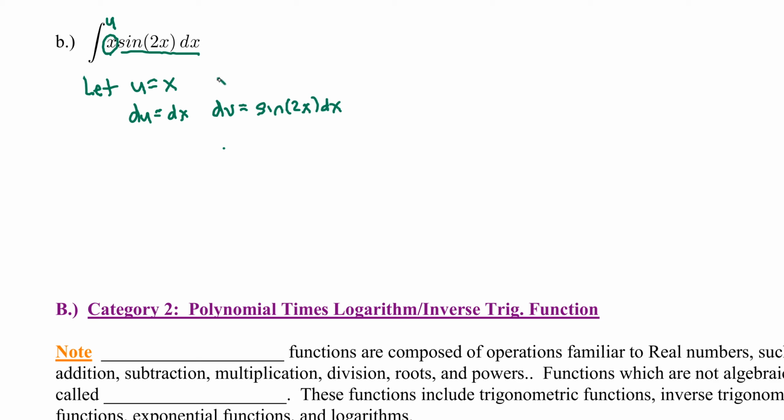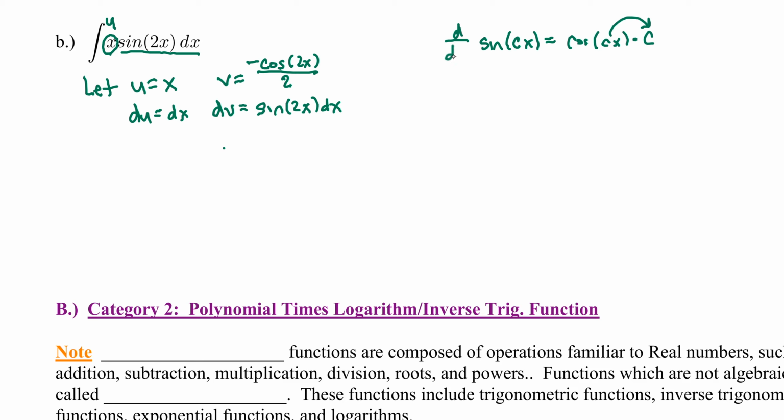When we integrate dv, we get v, and the integral of sine is negative cosine of 2x divided by the argument's derivative. Now again, that's kind of a review of Calc 1. Let me give you just a reminder point here. If you are differentiating a trig function where you have some multiple of the argument, then the derivative is going to be the derivative of the outside function times the derivative of the inside function.